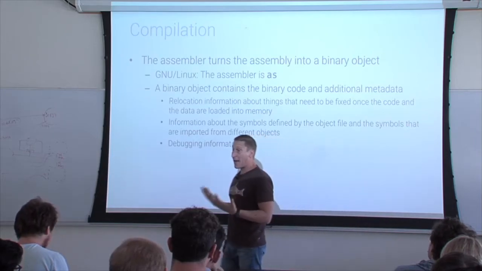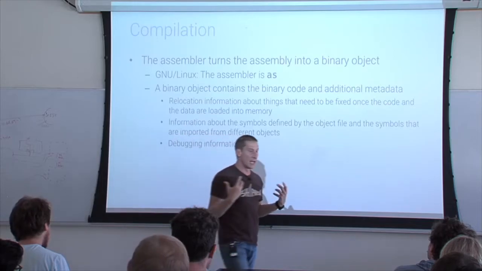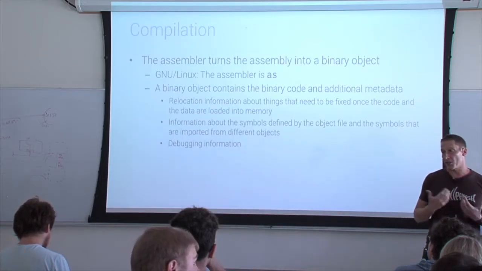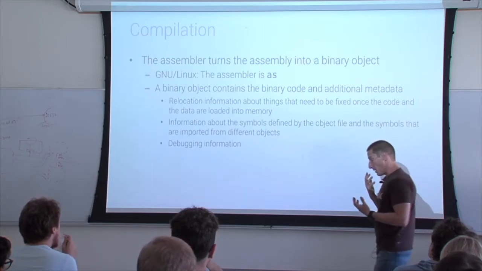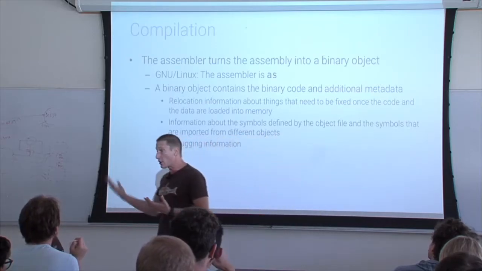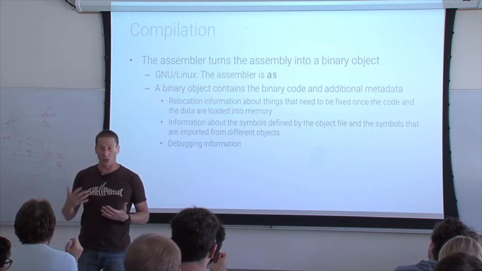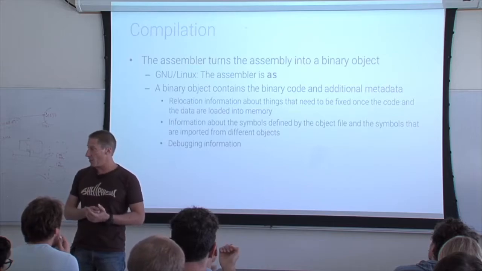Oftentimes, for example, if a binary is stripped, all this information has been removed, which makes it harder. I would say that the worst case scenario is one in which the binary has been statically linked. That means that all the code, even the code for printf from libc, all those additional functions have been put in, and then it is compiled, and then it's stripped.